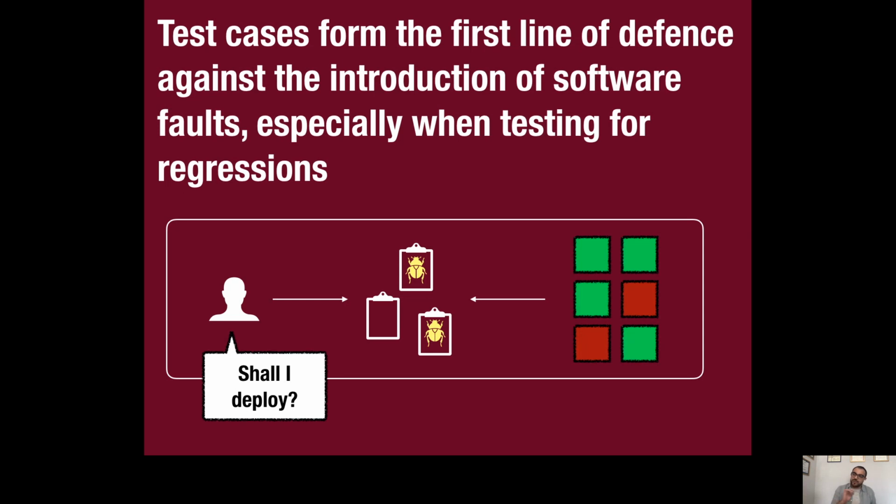And it has also been shown that developer productivity is partially dependent on tests. So this is just to say that test cases are important and represent a key component of every software system.